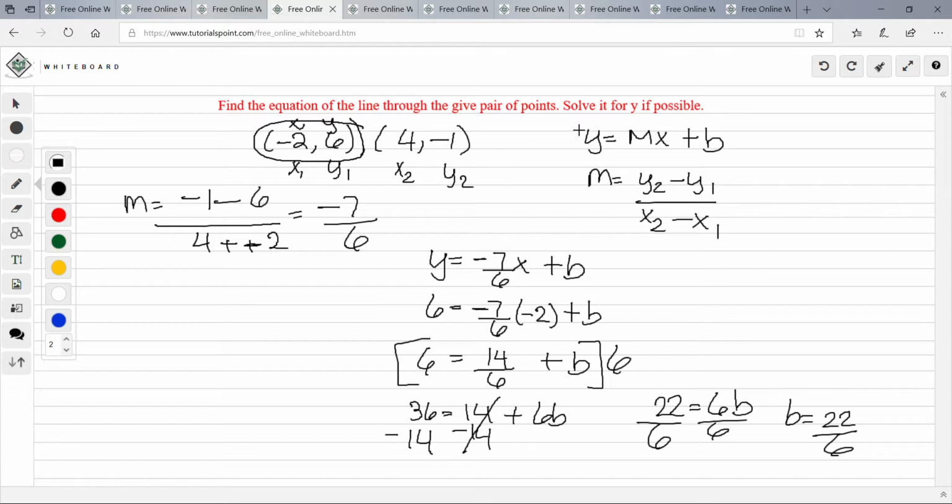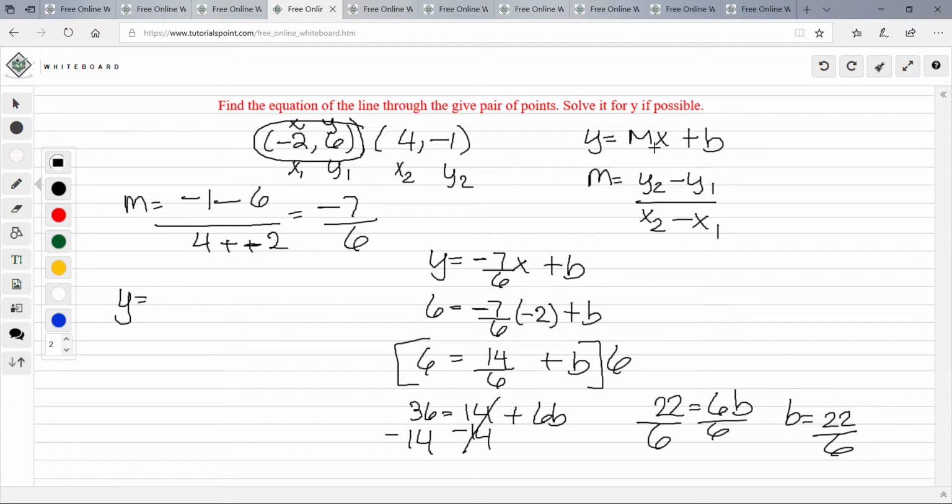Okay, so our equation is going to be, we're going to put it in this form, y equals mx plus b form.